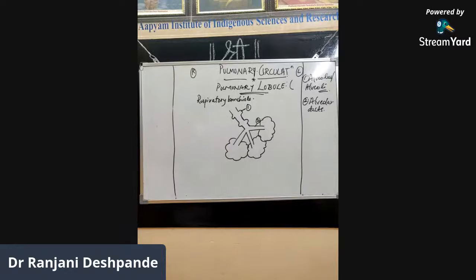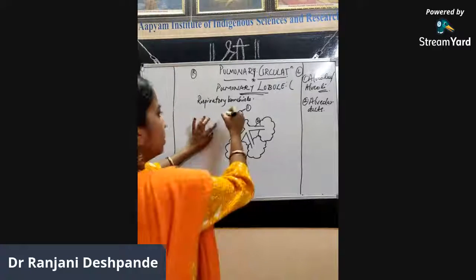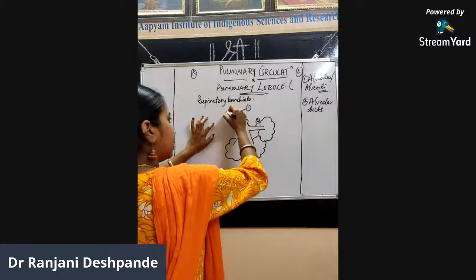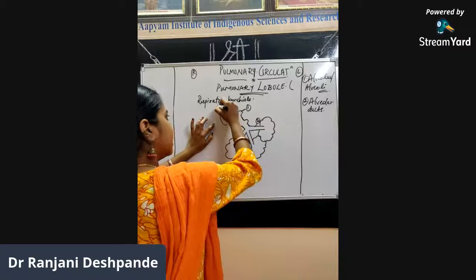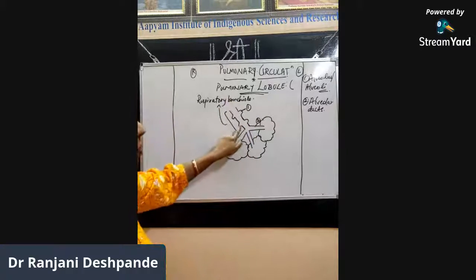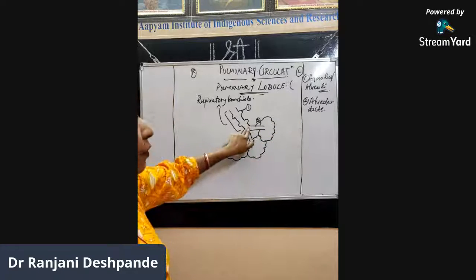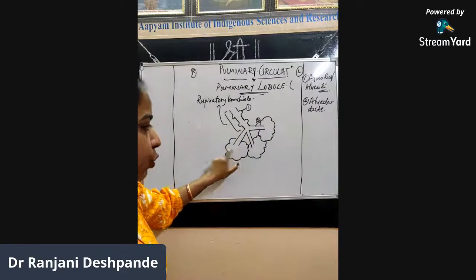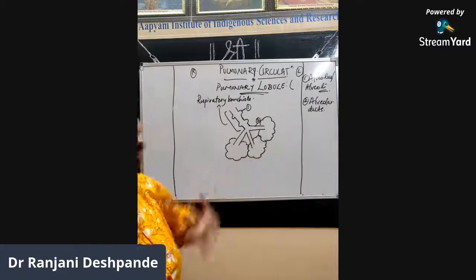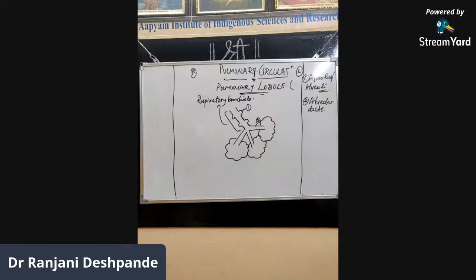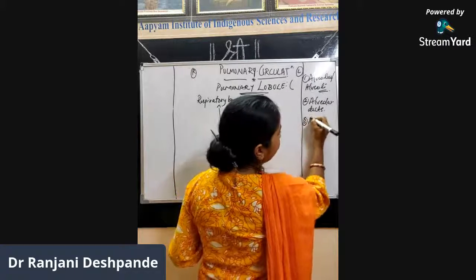So, we have the respiratory bronchiole. From the distal end, we have the alveolar ducts coming up, and these alveolar ducts will end in the air sacs called the alveolar sacs or alveolar air sacs.